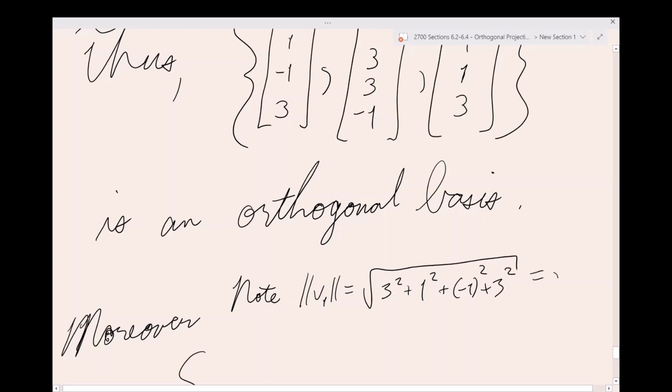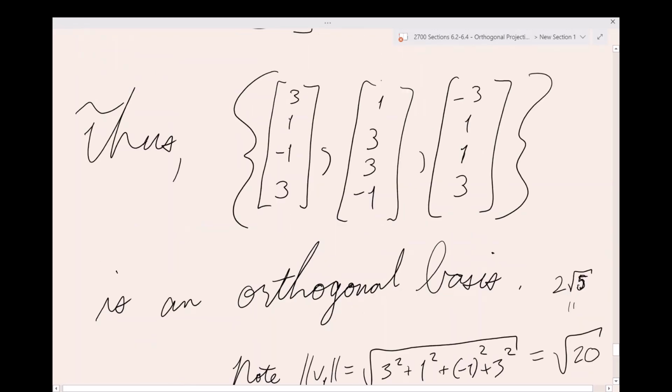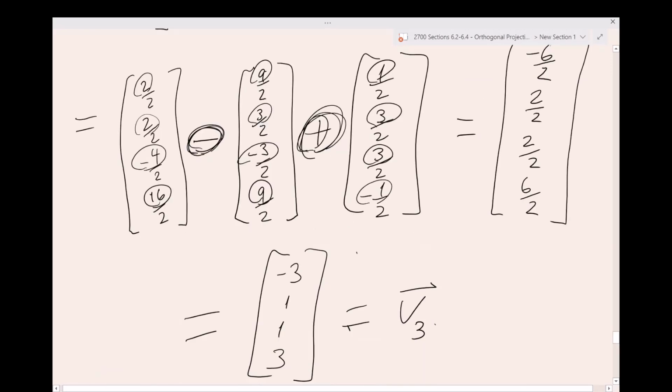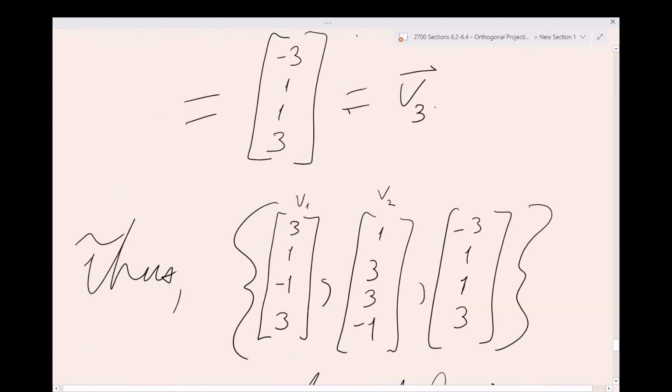That's the square root of 20, which if you prefer, you could think of as 2 root 5. And these two guys are actually going to have the same lengths. So my V1, V2, and V3 turn out to have the same lengths here, which is kind of nice.